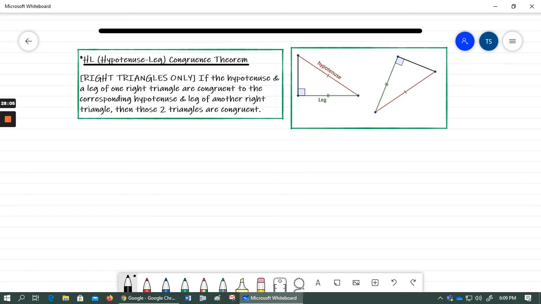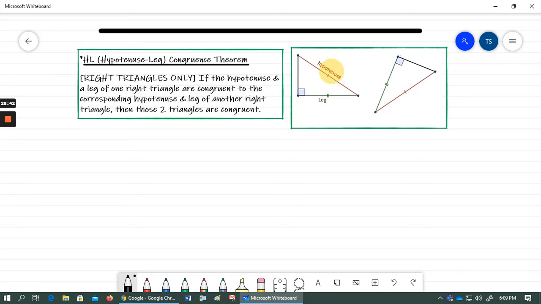Now, does that mean you'll be able to use the hypotenuse leg congruence theorem for every right triangle? No, of course not. There wouldn't even be a need for the HL congruence theorem if every right triangle was congruent by the HL theorem, right? Anyway, this one says that if the hypotenuse and the leg of one right triangle are congruent to the corresponding hypotenuse and leg of another right triangle, then those two triangles are congruent.